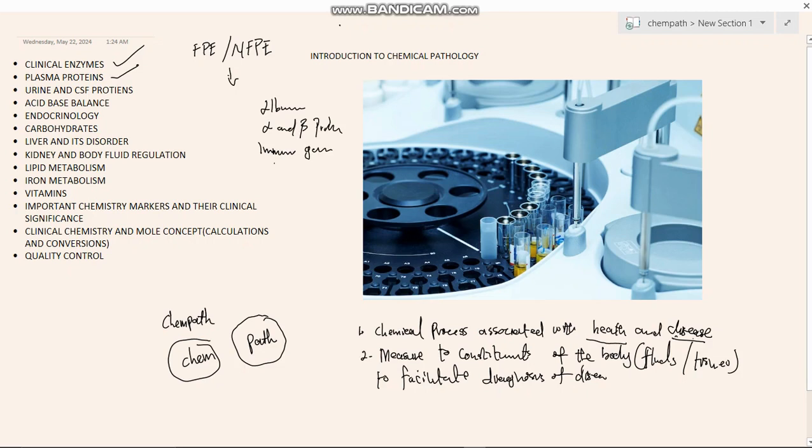Then we'll talk about acute phase proteins, and then negative acute phase proteins. Then for urine and CSF proteins, we'll talk about the Bence-Jones proteins that are used to diagnose multiple myeloma.